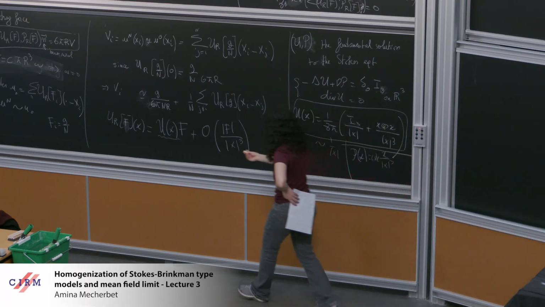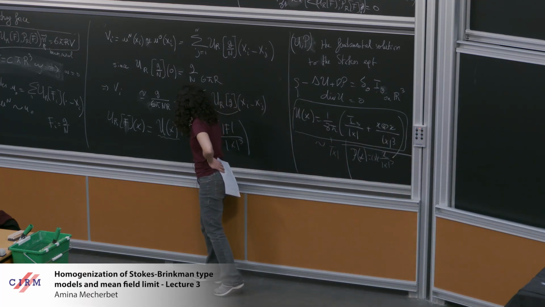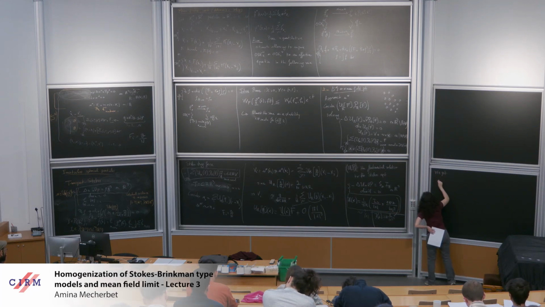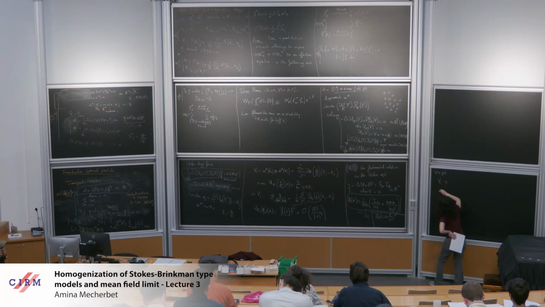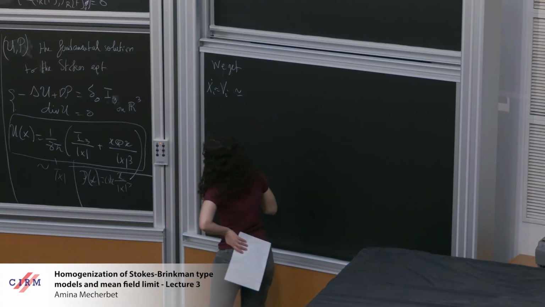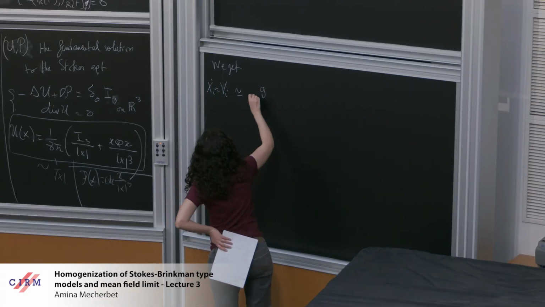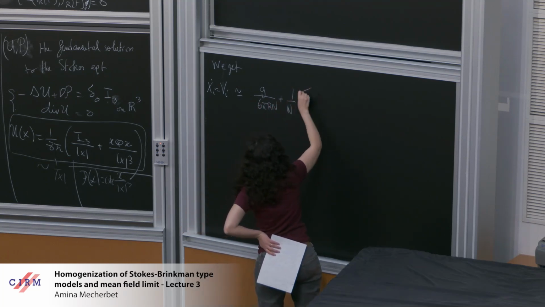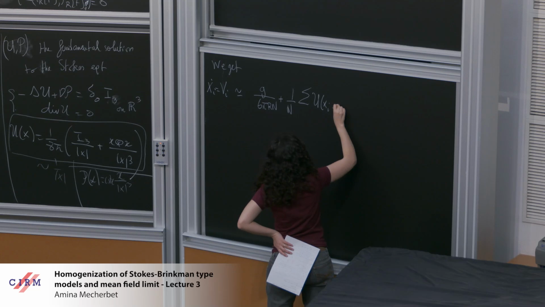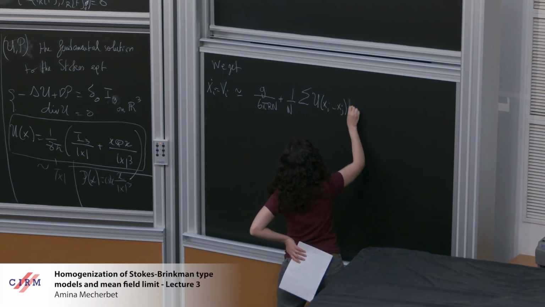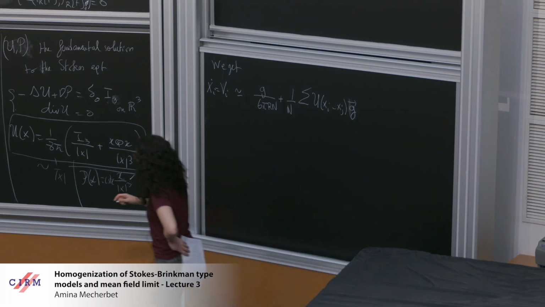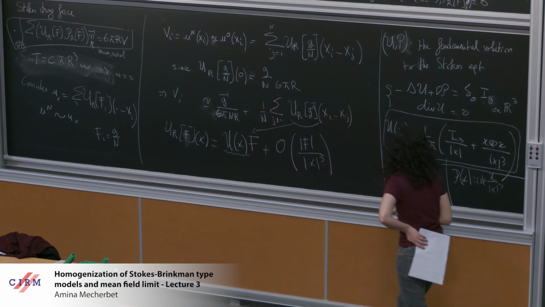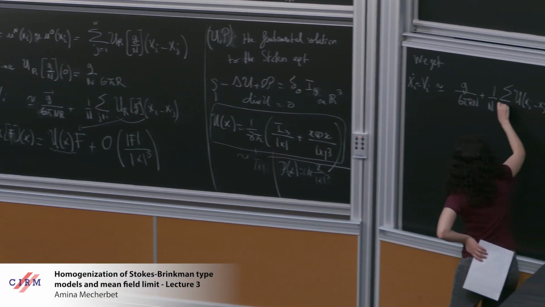So if we replace this guy by this one, we get, at the end of the day, the following approximation of the system of ODEs: J over 6πr, plus the sum of F, which was just J. J is the gravitational force, I should have precised it, for J different from i.